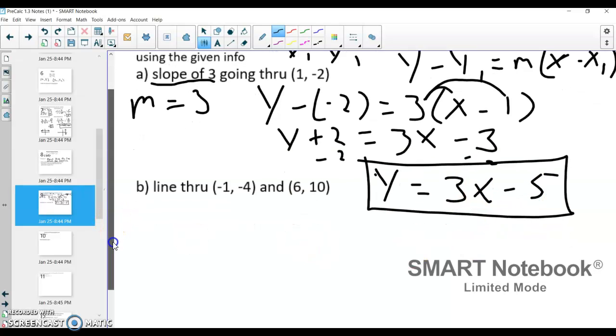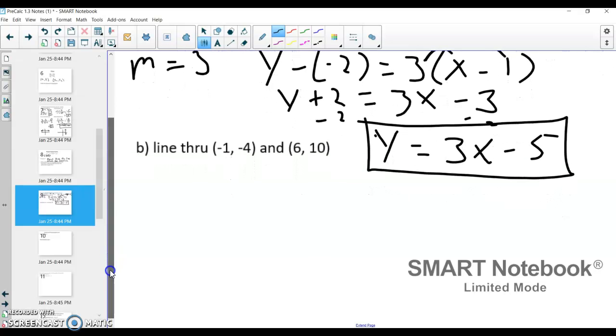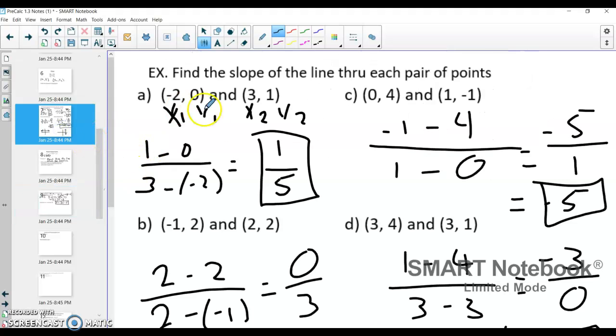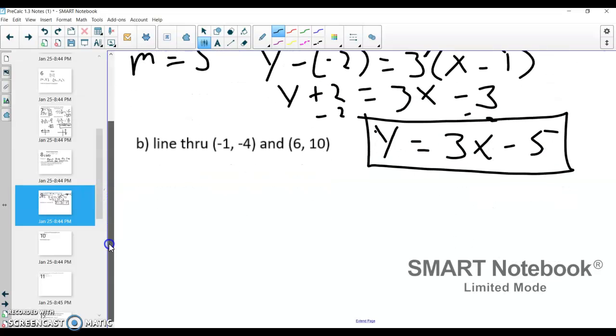Okay, for part B, we are given 2 points. So what we're going to do, similar to what we did here, we're going to use the 2 points to find the slope, and then use one of the points for point-slope form, and eventually work it out to slope-intercept form again. So the first thing we got to do is y2 minus y1 over x2 minus x1.